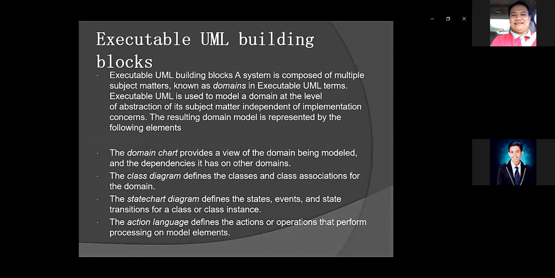The domain chart provides a view of the domain being modeled and the dependencies it has on other domains. The class diagram defines the classes and class associations for the domain. The state chart diagram defines the states, events, and state transitions for a class or instance. The action language defines the actions or operations that perform processing on model elements.